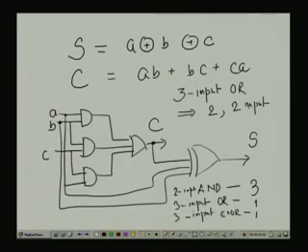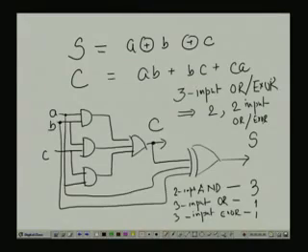Similarly, the 3 input XOR can be realized by 2 input XORs. So, in real life actually there are several types of realization possible, and they consist of different types of gates.